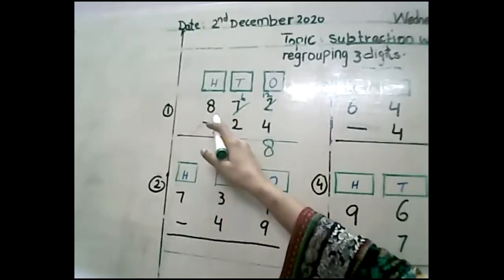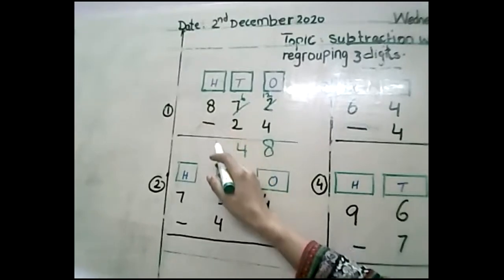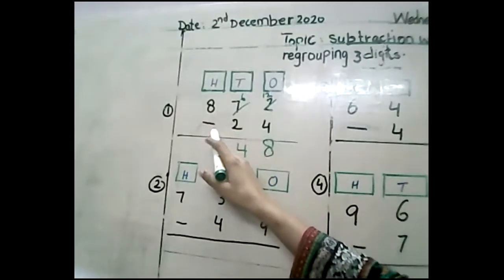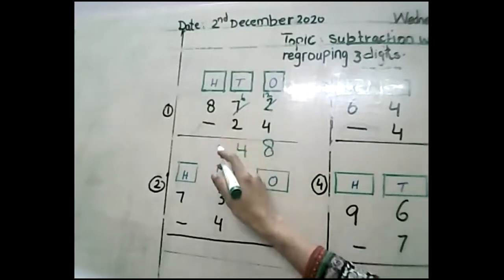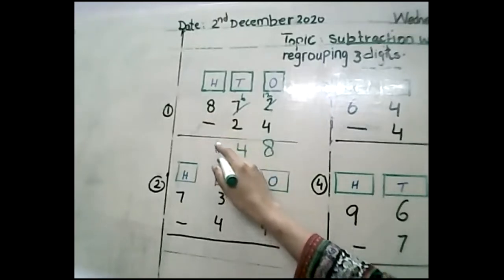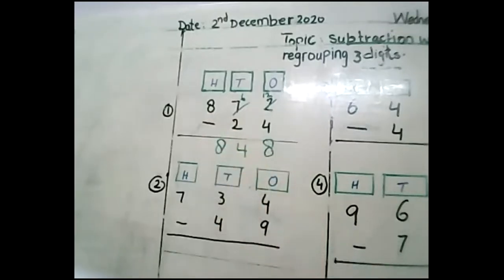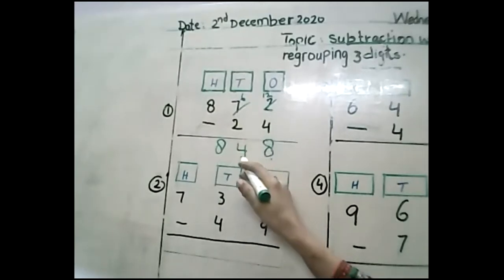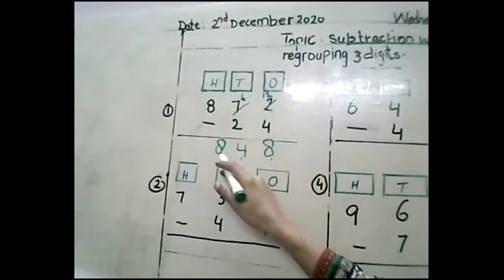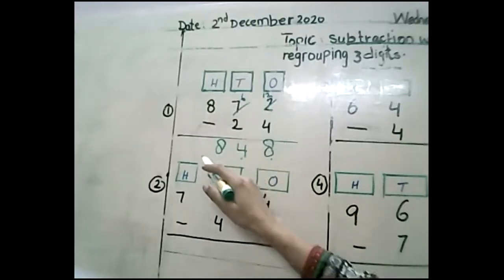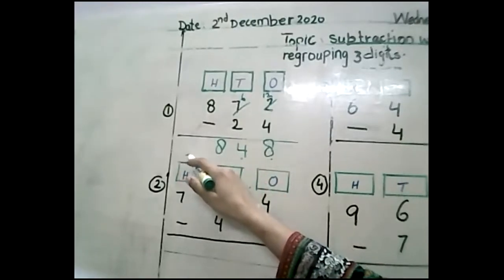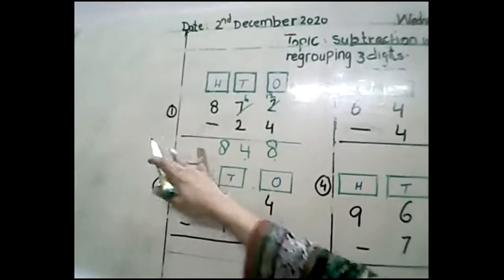Now 100. How many? 8. So 8, there is no digit. So we will write same. Right? This is 8 ones, 4 tens, and 8 hundred.